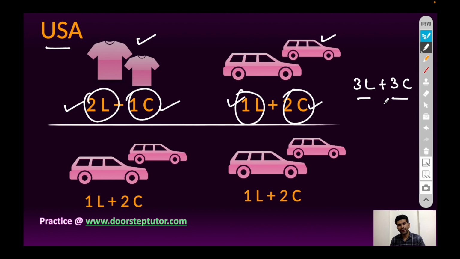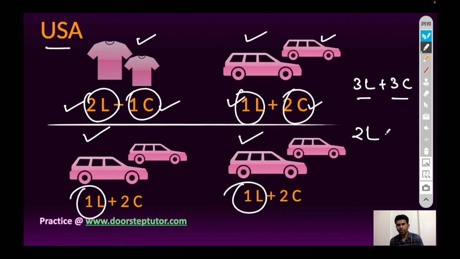But as per this theory, USA should produce and export capital intensive goods, that is cars, and not produce clothes. So if it produces two quantity of cars, it requires two labor and four capital.